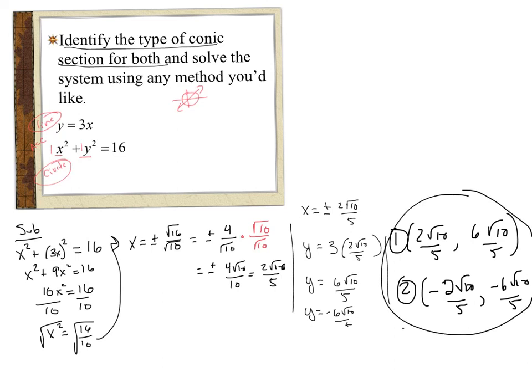And those are my 2 points of intersection. So we're solving systems that are more complex. Because of those squares, we get some radicals and some funky numbers. So you just got to be careful with your algebra and take your steps and make sure you rationalize right. And that's one of the biggest errors that I see. Okay? So please be careful with these.